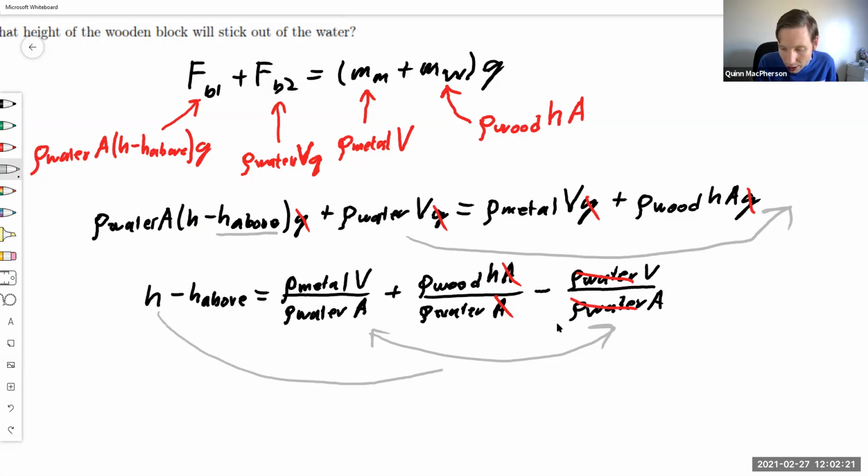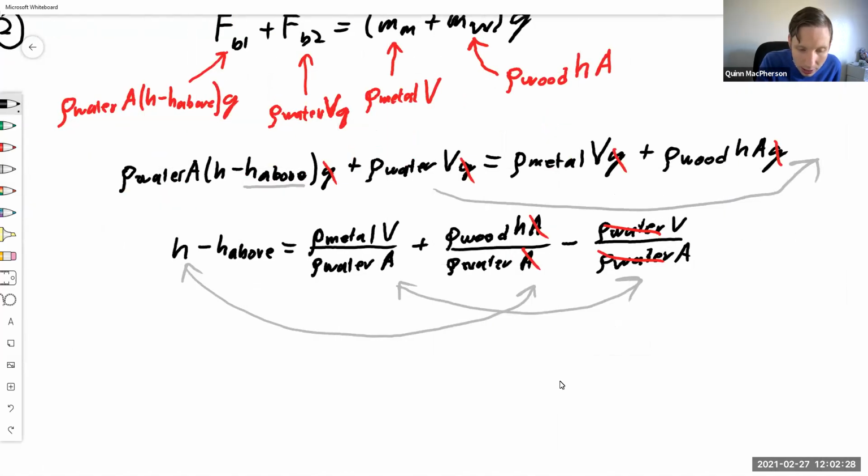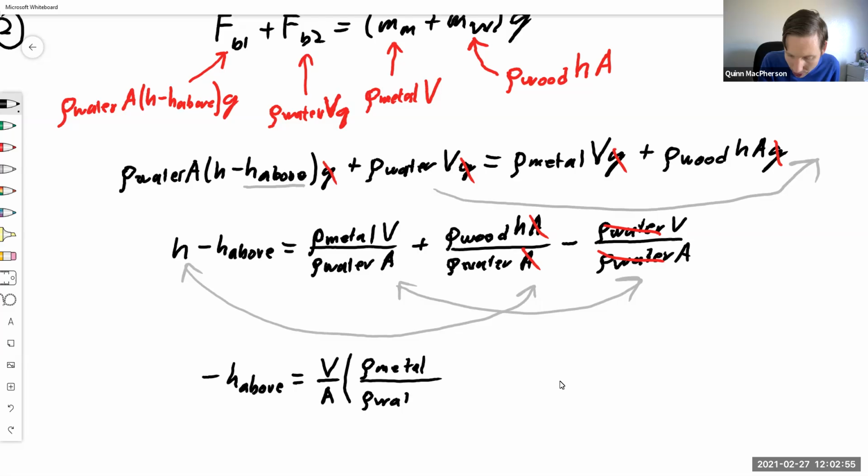If I move this to the other side, it will have an H, as will this term here, so I can combine them, and I get minus h above is equal to V over A times rho metal over rho water minus 1. The minus 1 comes from this term.